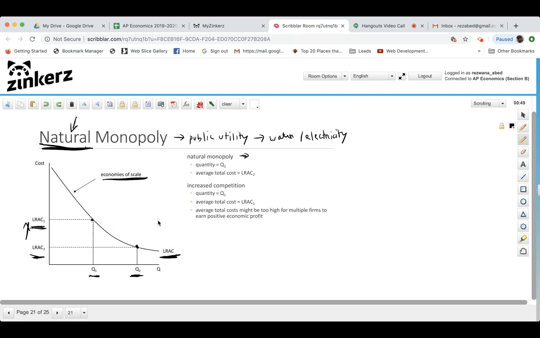You have high fixed costs, and then the cost of adding additional customers is really low, which is why their long run average cost is declining as they add more and more customers. Any other question?